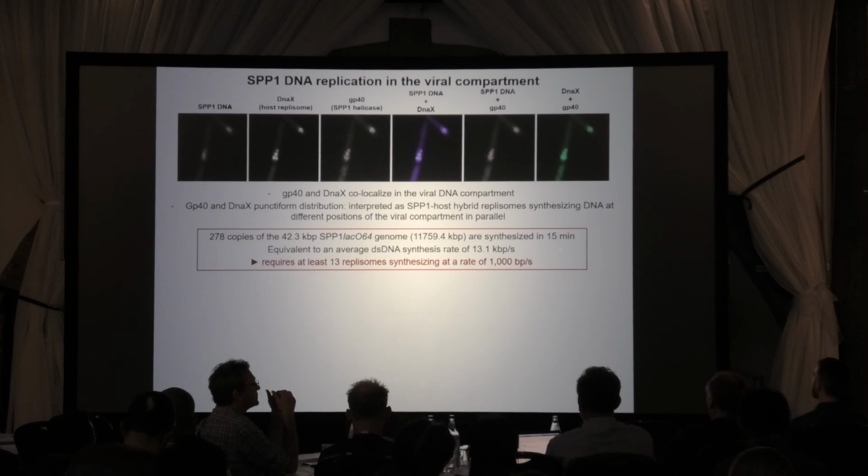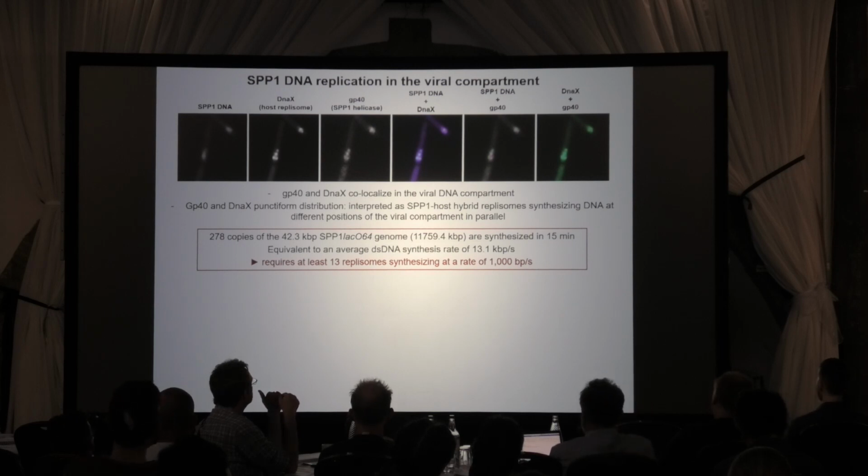And if we base ourselves on the type of qPCR data we had got, and this is still the level of computing I'm able to make, you can see that you synthesize around 12 megabase pairs in 15 minutes, which means that you need around 13.1 kilobase pairs per second to be synthesized.